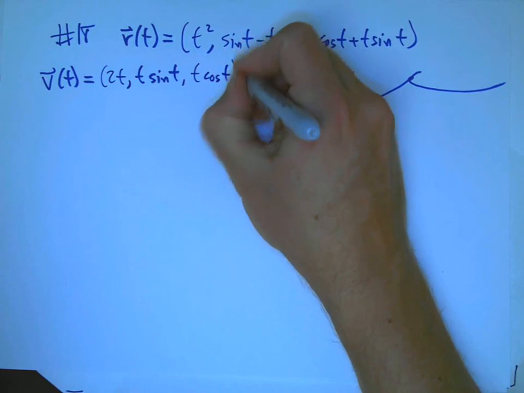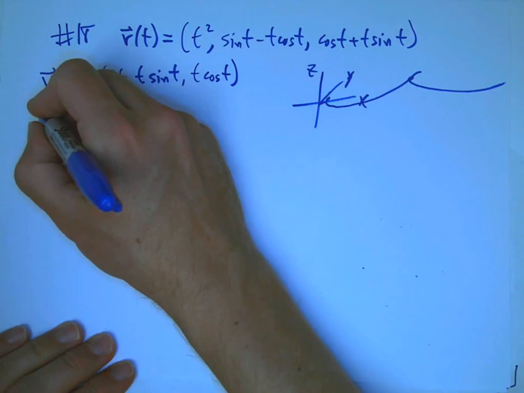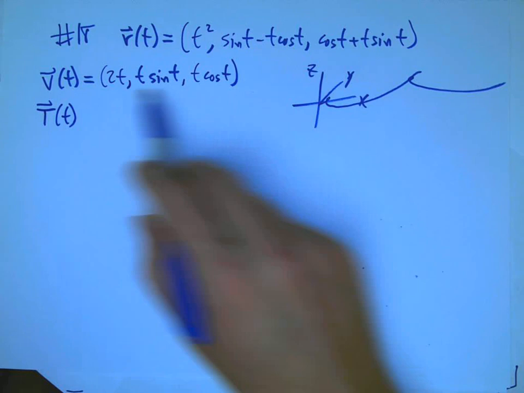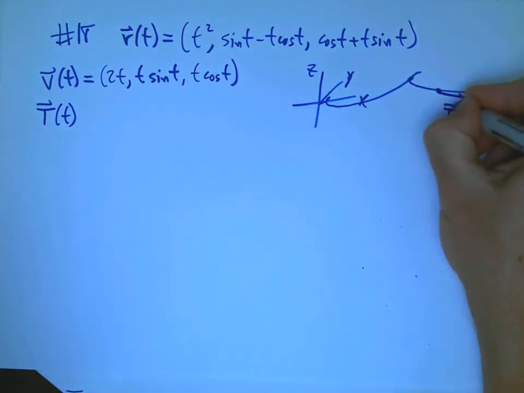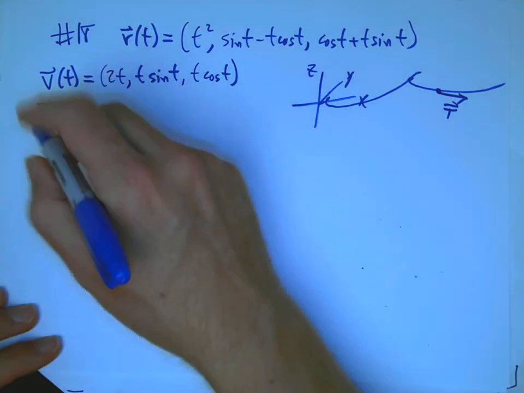So, the definition says, don't pay attention to the velocity, pay attention to the unit tangent vector. So we need to make this a unit vector. To do that, we've got to first figure out the magnitude of the velocity, and of course that's the magnitude of r prime.